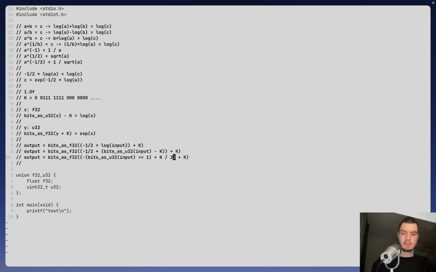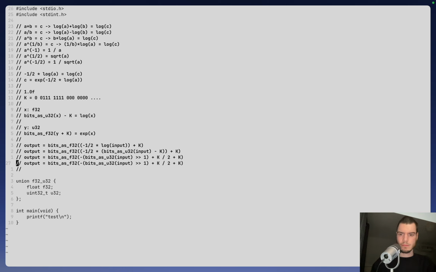We could also shift that to the right by 1, plus k. And we can now actually remove these parentheses. And now we can merge our k divided by 2 plus k, which is just 1.5 times k. And now we've quite drastically simplified our equation.